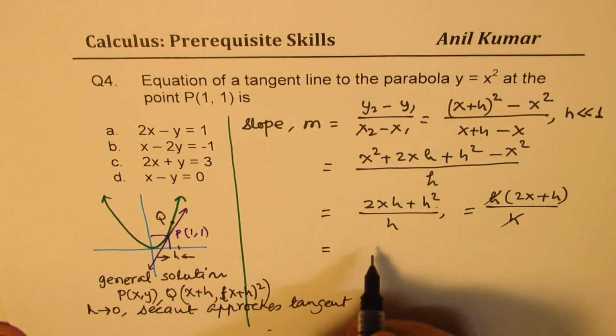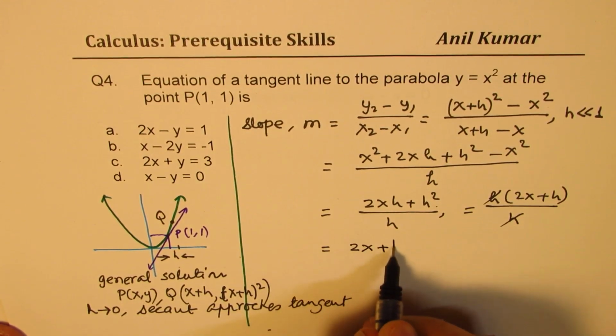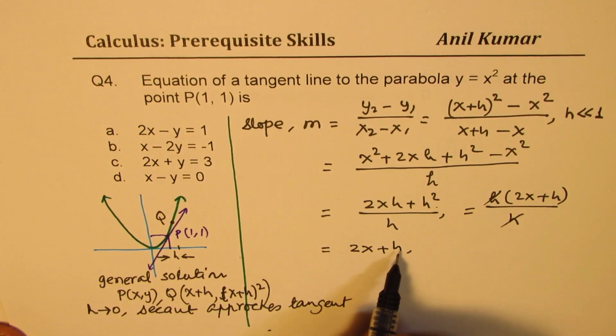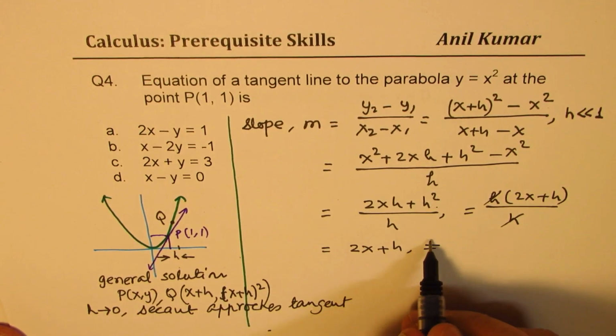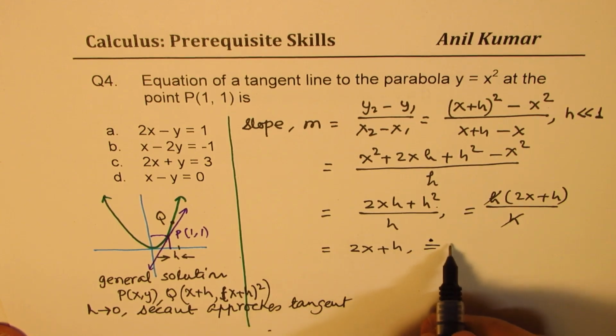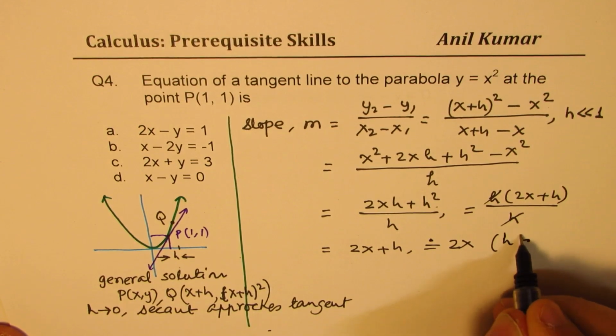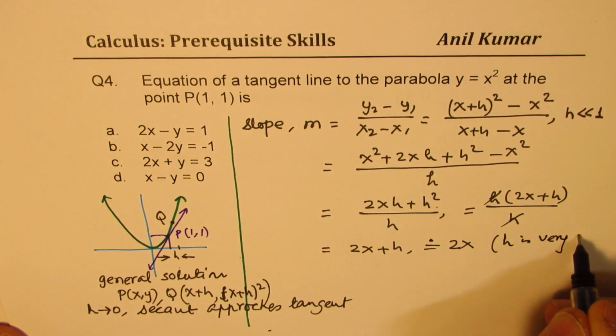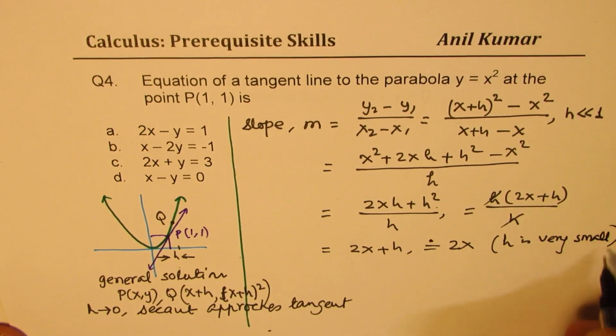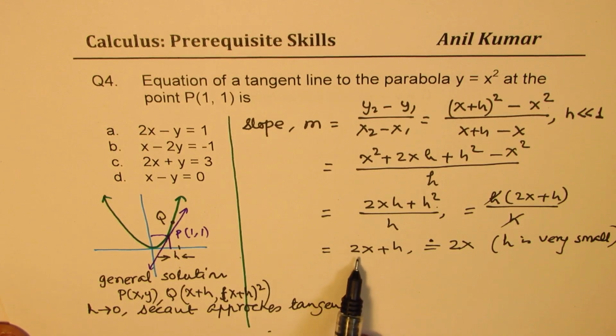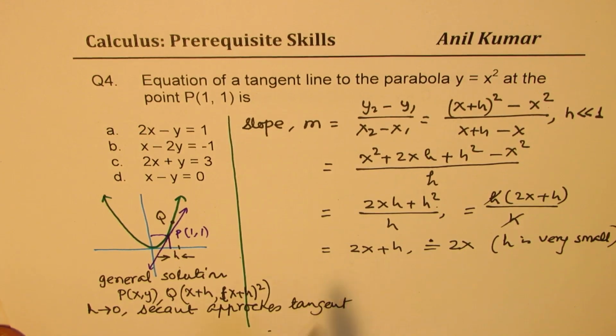So we get this slope as equal to 2x plus h. Now since h is very small, we get this approximately equal to 2x. So we can approximate that to 2 times x.